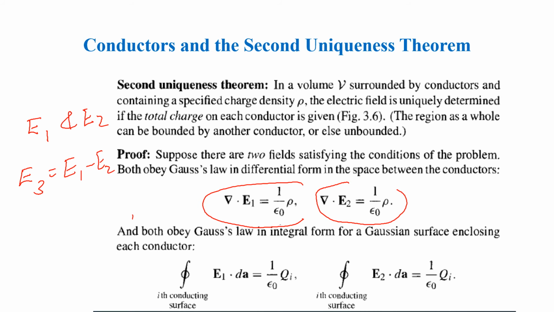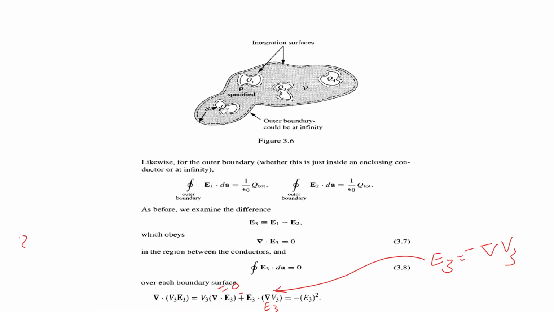For the ith surface, the integral of E1 dot dA is equal to 1 over epsilon 0 Qi, where Qi is the total charge on that surface, and likewise for E2. Now, if we consider the total surface instead of the ith surface, for the outer boundary the surface integral of E1 dot dA is equal to 1 over epsilon 0 Q total, the total charge enclosed by the surface, and the integral of E2 dot dA is equal to 1 over epsilon 0 Q total.